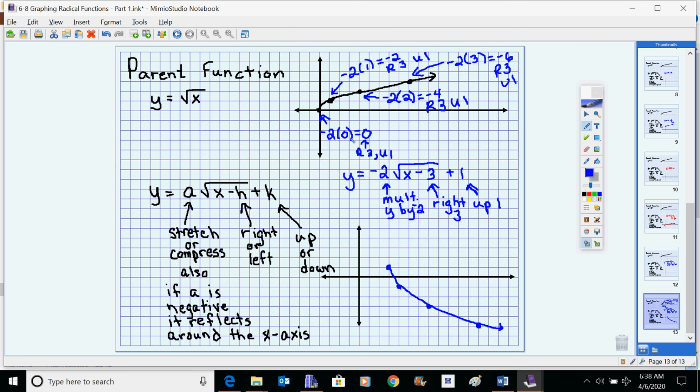So first thing you do is affect the y value, then move it, or you're plugging in each x value, starting with the one that you get just by going right 3 up 1, then go 1 more over here, and then 3 more, and then 5 more, just to get your x values that are going to make it easy to work with.